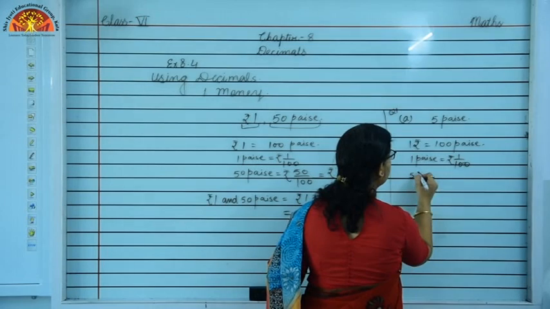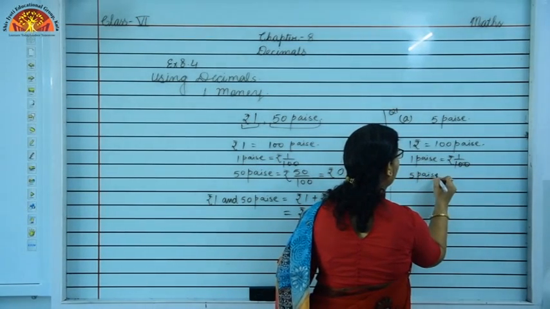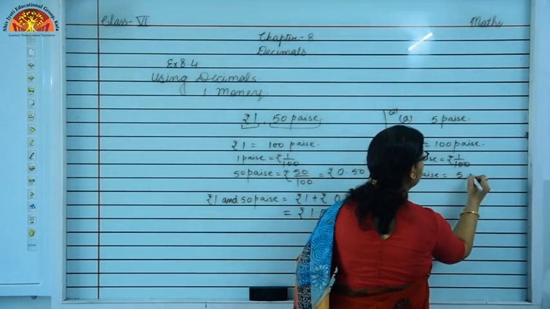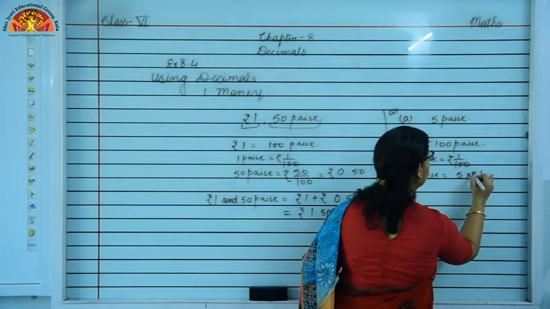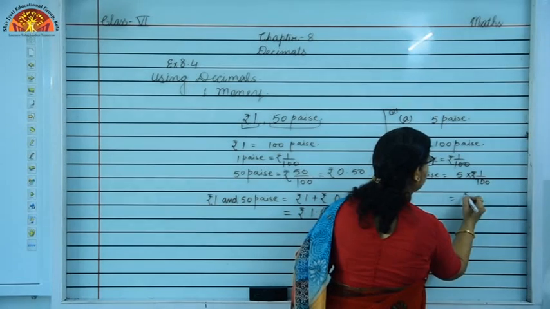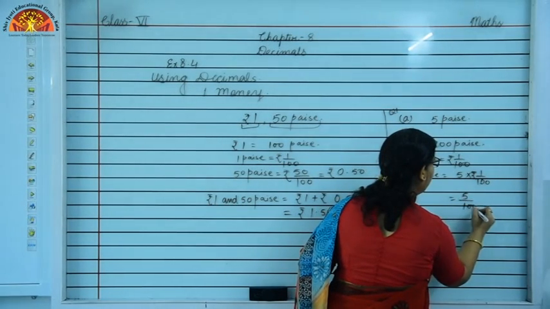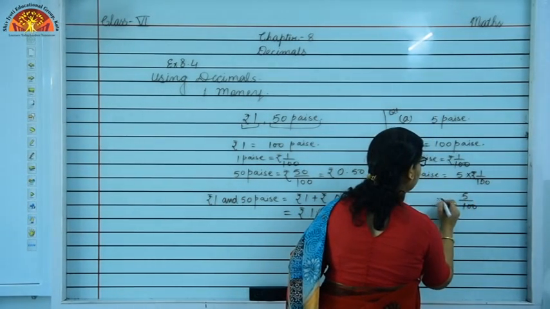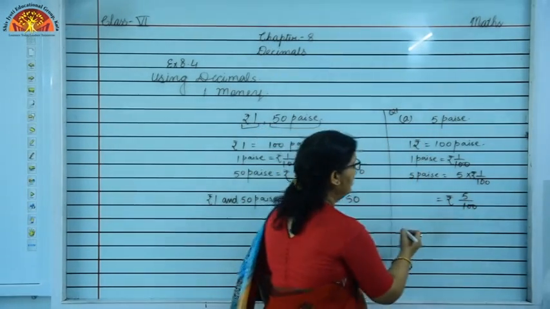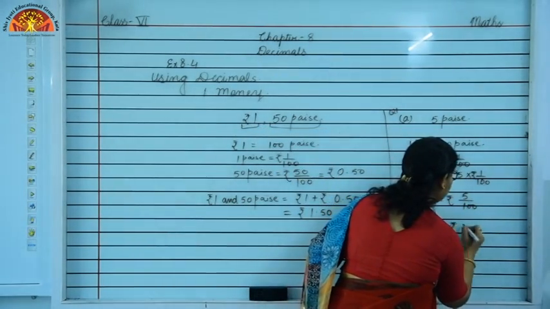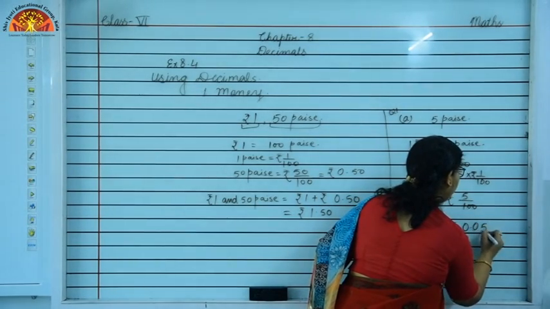Now 5 paise is equal to 5 multiplied by 1 upon 100 rupees. This is equal to 5 upon 100 rupees. Now students, look here, this is rupees 0.05.